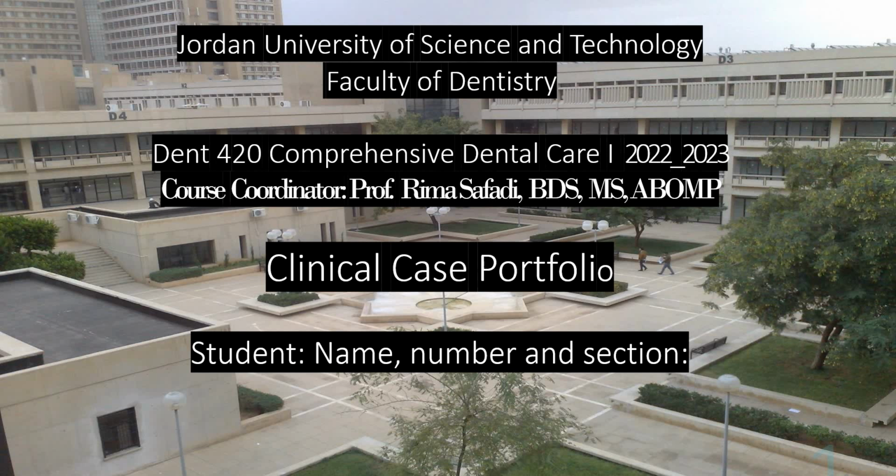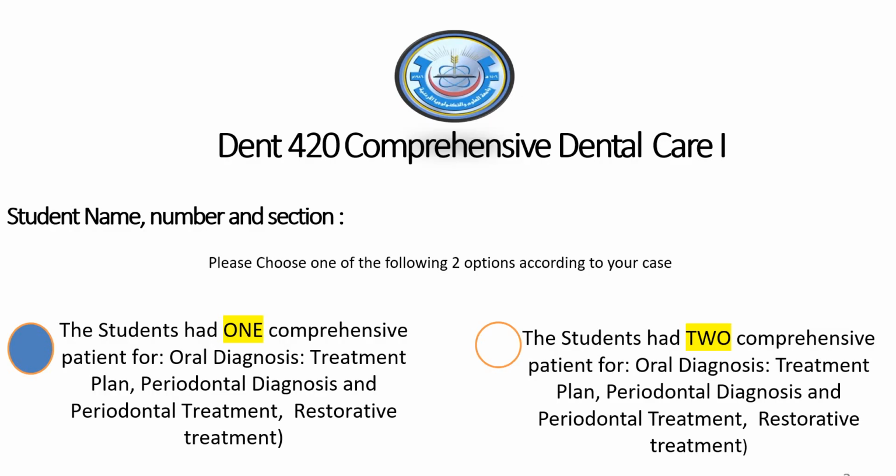In this clinical case portfolio, we will see different sections, but first we need to specify if the student had one comprehensive patient for the comprehensive treatment, or the patient at a certain point of time had to change the main patient to another patient, and this stage will be in the conservative treatment clinic.